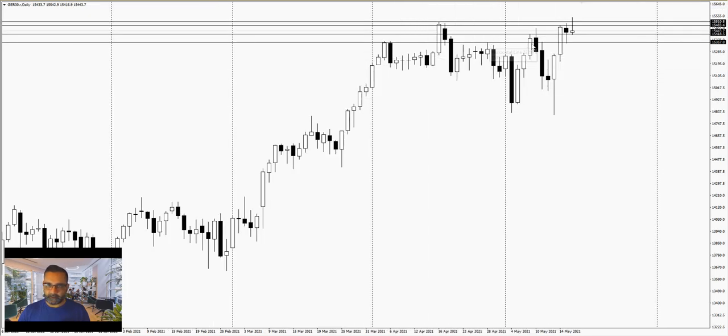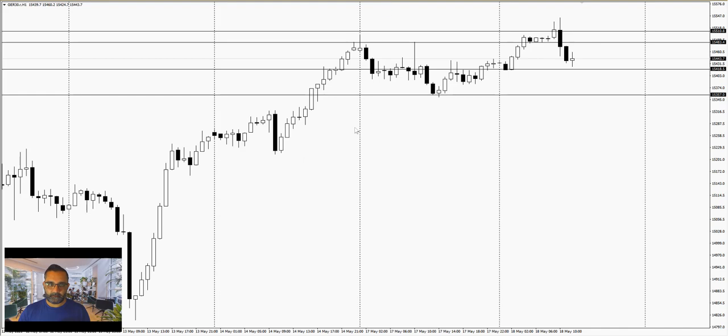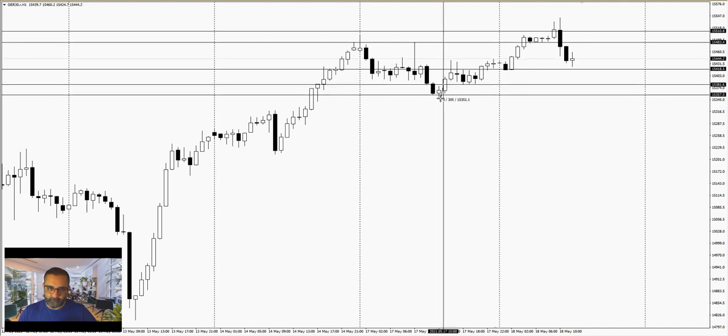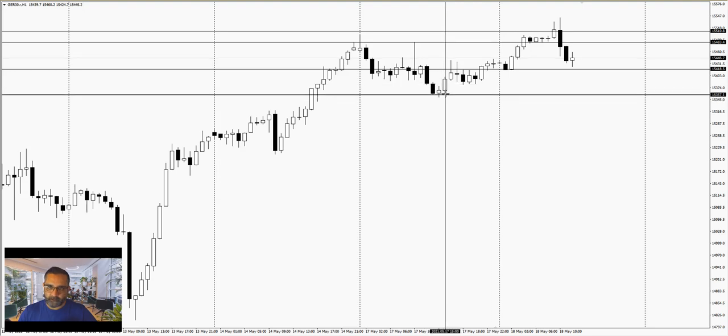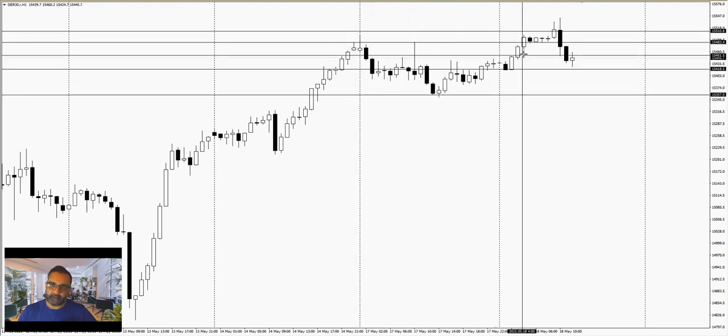So that's the high here and the high here. Two highs, and yesterday it hit that high, and that was the point of yesterday. If you had that level, you could have timed your swing long from here. At the end of this candle, you go long. The stop loss was here, and then you have those previous levels to play with.